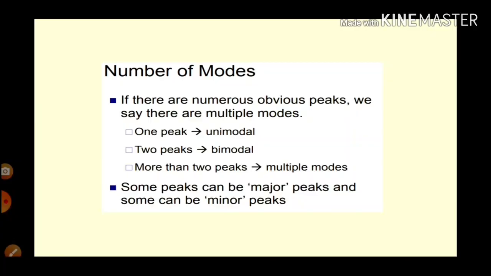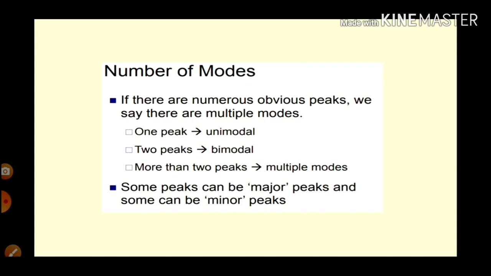Here's a summary. If you see one peak in your dot plot, we call it unimodal. 2 peaks, bimodal. And if there are more than 2, like say 3, then there are multiple modes. And for example, in bimodal, if one peak is higher than the other, we can call it the major peak, and the other one the minor peak.